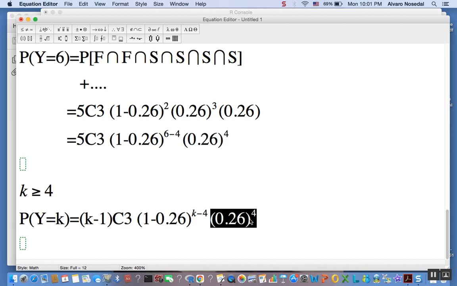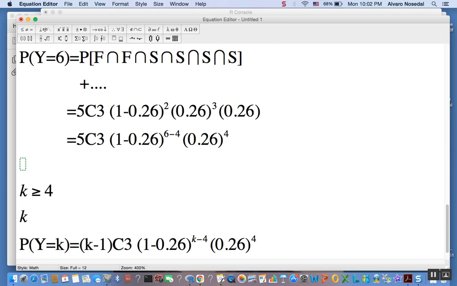And this one remains the same, 0.26 to the 4th power. Makes sense. So when we add these exponents, we get k, and then we have the same pattern that we had before. So note, another way of writing this down would be k equals 4, 5, ... right?